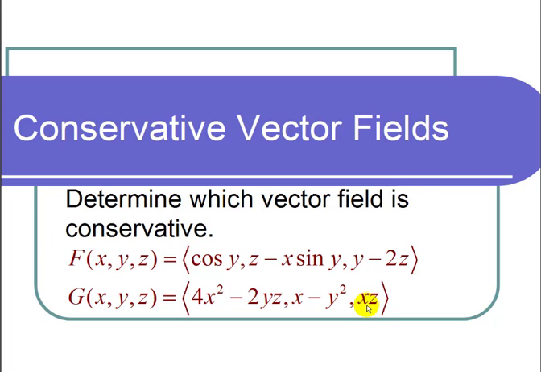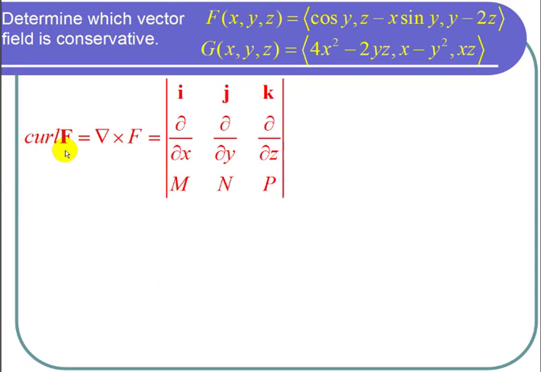So recall that to find out if a vector field is conservative, we take the curl of that vector field and see if we get 0. And the curl of a vector field is equal to del cross that vector field, which is the determinant of the matrix i, j, k, del over del x, del over del y, del over del z, m, n, p, where m, n, and p are the i, jth, and kth components of the vector field.